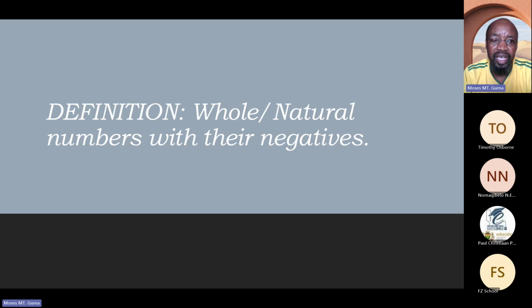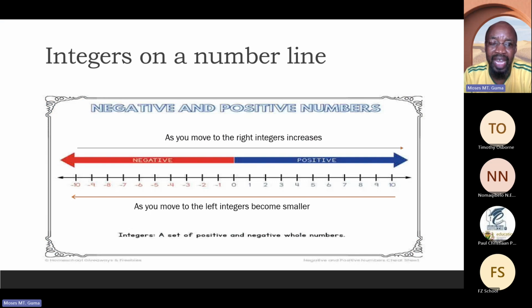All right. Remember last time we said integers are whole numbers or natural numbers with their negatives. Now, what I did was I also showed the number line. This is how we represent them on the number line. If you are talking about whole numbers, remember we start from 0 to infinity, moving to the right.